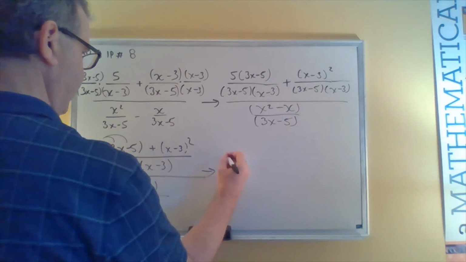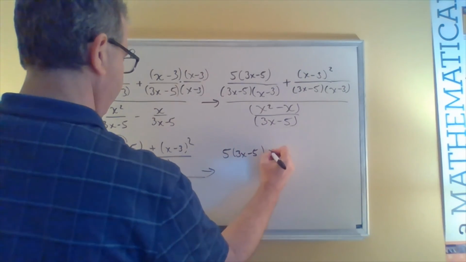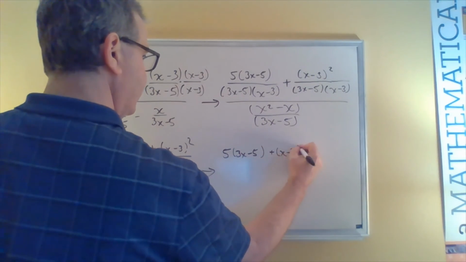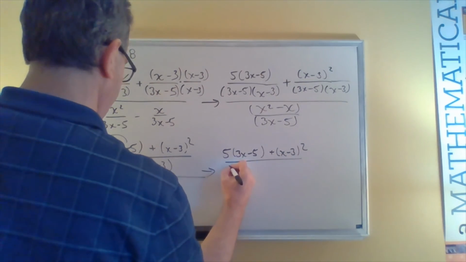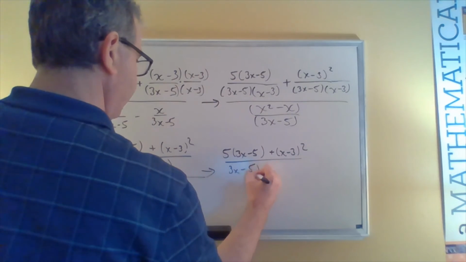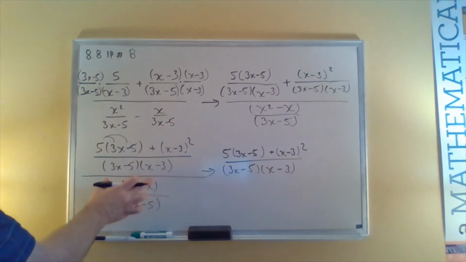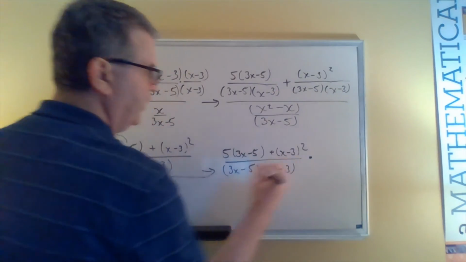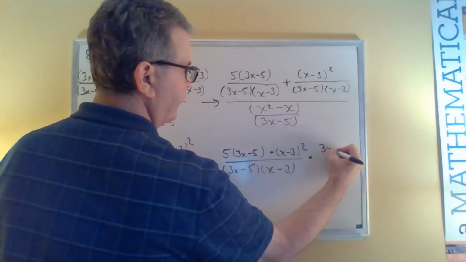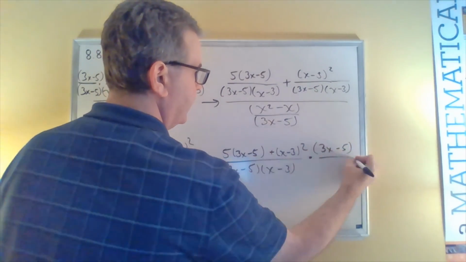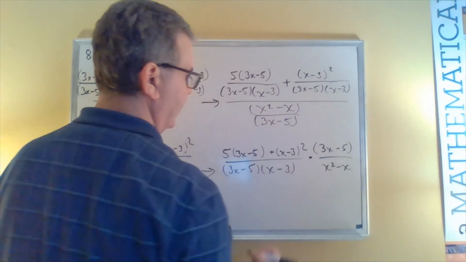Let's just get it set up here first. So I'll have 5 times 3x minus 5 plus x minus 3 squared, I'm already running out of room, over 3x minus 5, x minus 3. So it's just me rewriting the numerator here. I'm going to multiply that times the reciprocal of the denominator. So I'll have 3x minus 5 on top. On the bottom, I'm going to have x squared minus x.